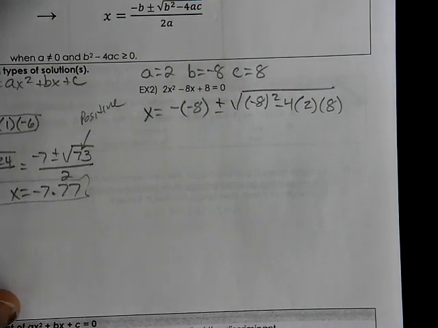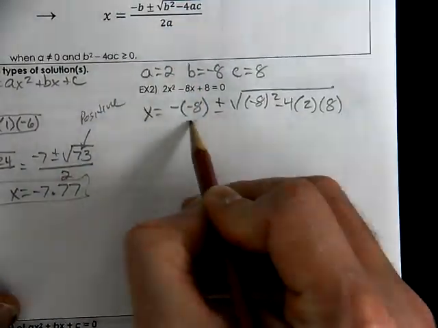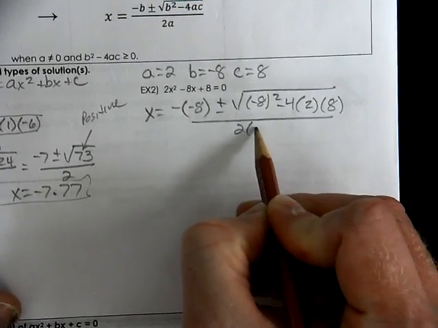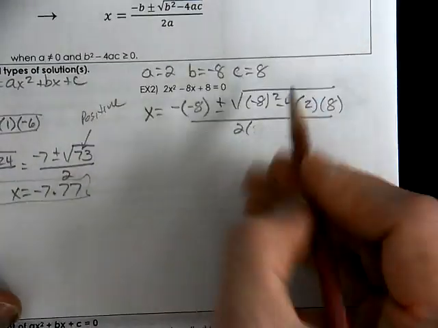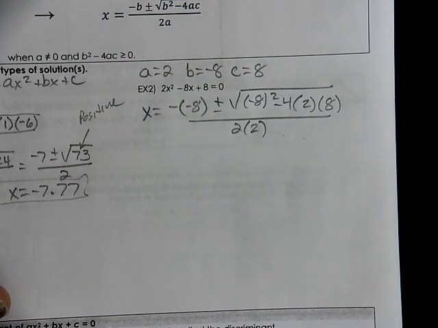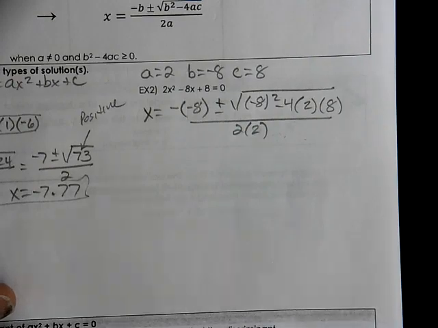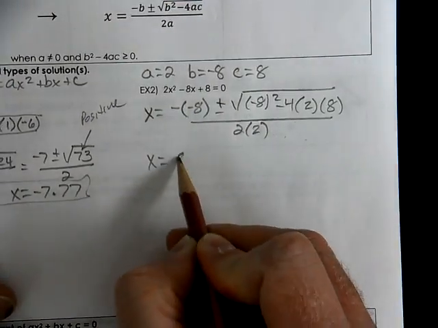So I plug my values into my formula that we have right here, and we divide that by 2a. 2 times 2. Be sure you use the correct number. 2 times 2 is your a. So this is going to come out to be positive 8.